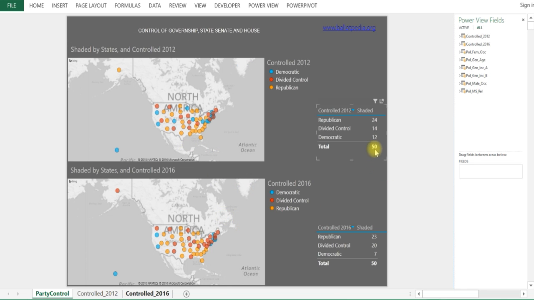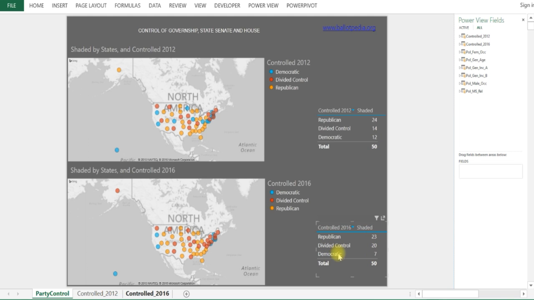And you can tell over here that the Republicans in 2012 had 24, divided control between two parties was 14, and Democrats had 12 states that they were controlling. In 2016, before elections, we see that Republicans control 23, divided control is 20, Democrats is 7.